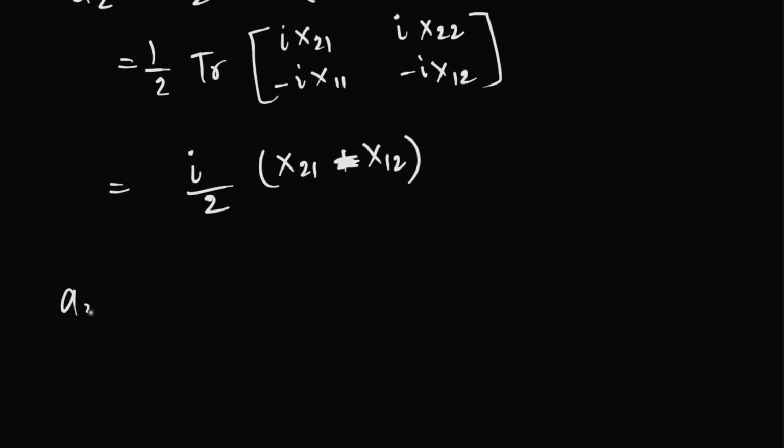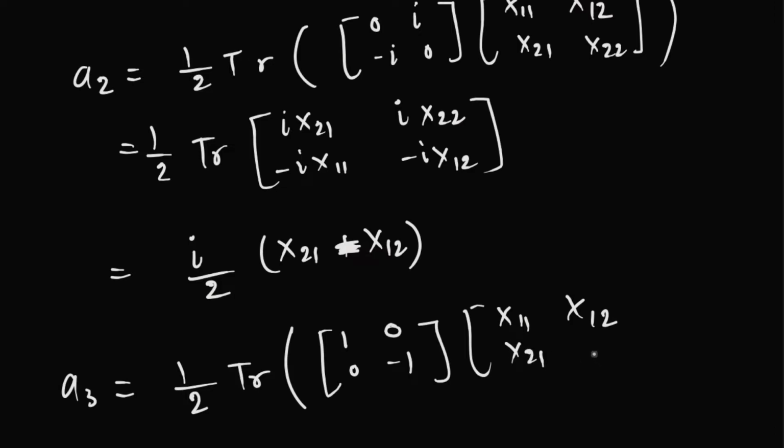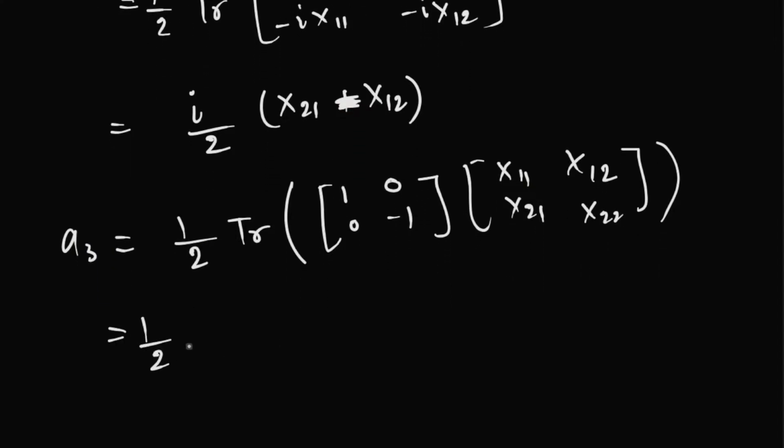And what is the value of a3? It's half of trace of 1 0 0 minus 1 times x11 x12 x21 x22. That is half trace of x11, x12, minus x21, minus x22.